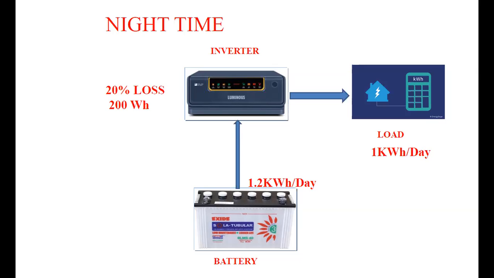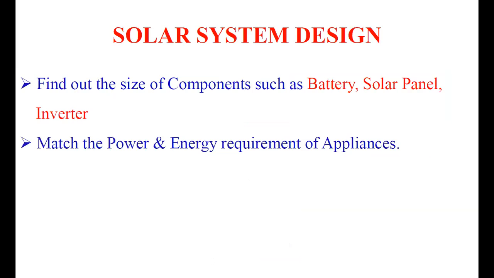There are two requirements for solar system design. The first is to find the size of components such as the solar panel, the battery, and the inverter. We have to select the components in such a way that we get efficient utilization of the electrical energy.